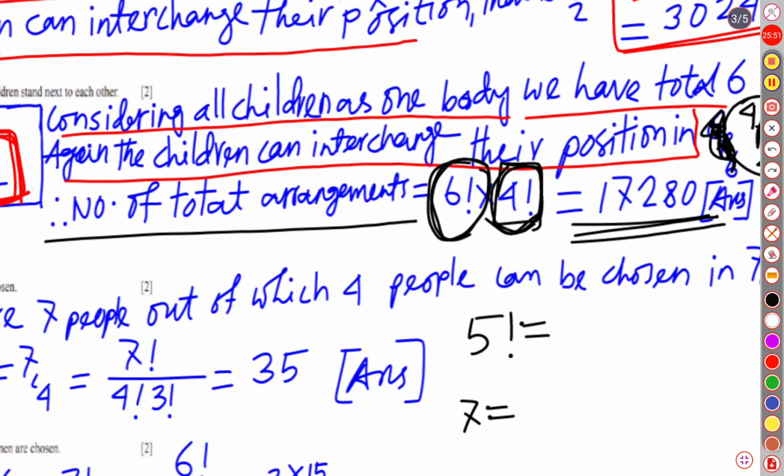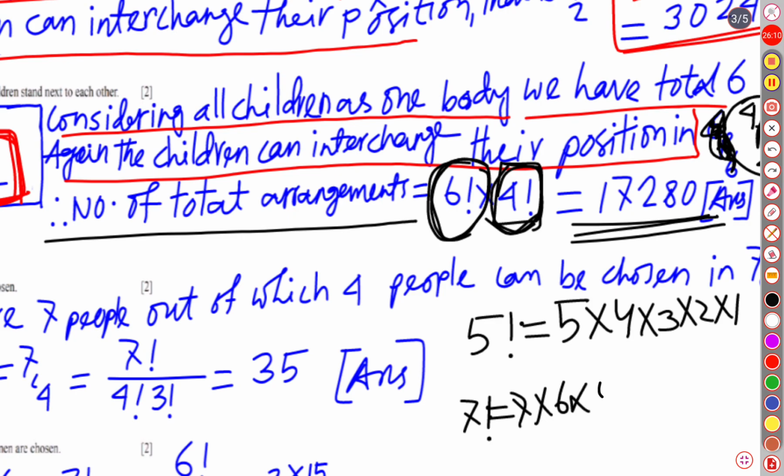Yet manually, if you want to understand, 5 factorial means 5 into 4 into 3 into 2 into 1, so it will be actually 120. And 7 factorial means 7 into 6 into 5 into 4 into 3 into 2 into 1.